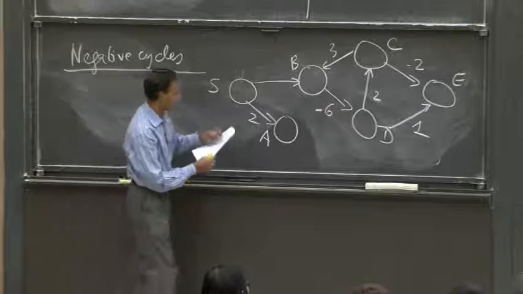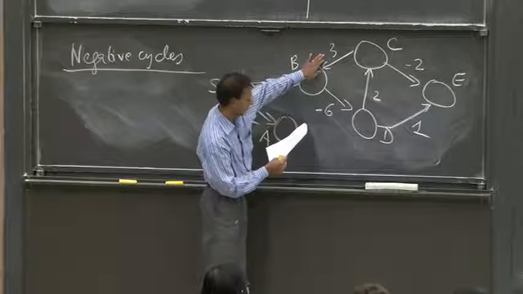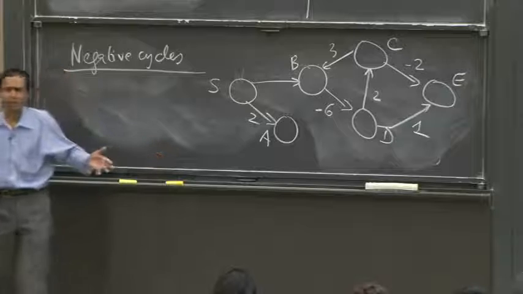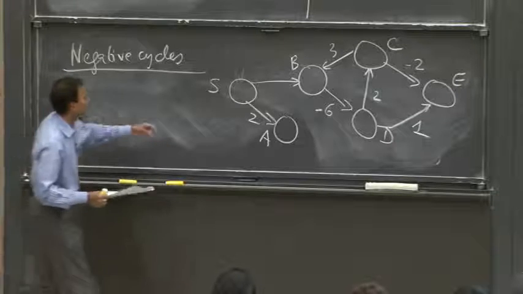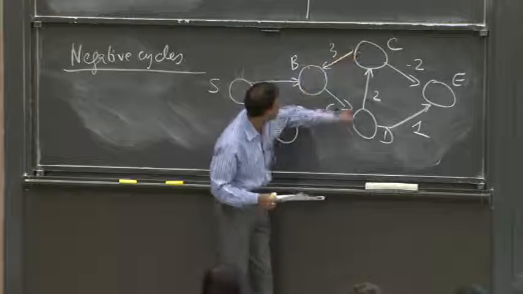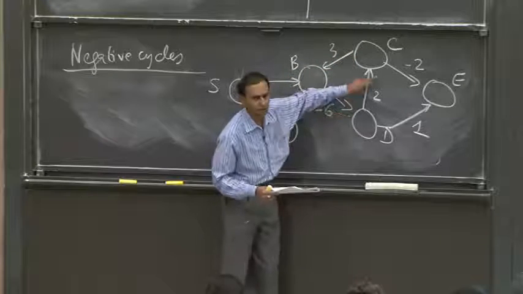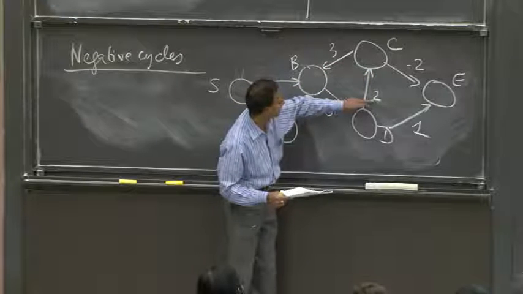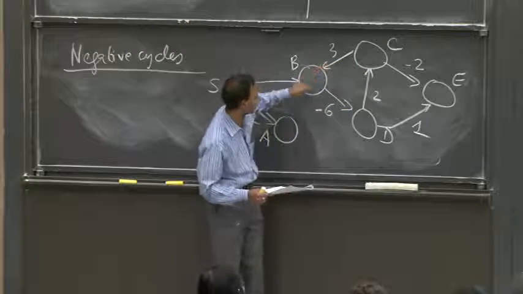So 2, 4, -6 over here, 3, 2, 1, and -2. So one thing that you notice from this graph is that you got this annoying cycle here that's a negative weight cycle, and that's why I've picked this particular example. -6 plus 2 is -4, -4 plus 3 is -1.